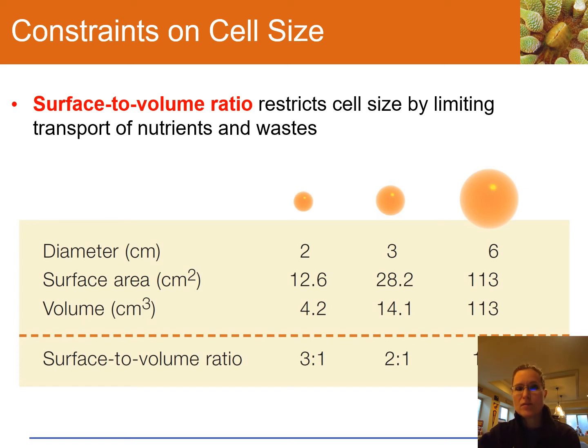The higher it is, so for this example, the 3:1 would be better than the 2:1, and that cell is smaller. Oh no, that would be 6, because look how big that cell is. That 6:1 doesn't even make any sense. Anyway, so smaller is better because of diffusion. And we did the agar cube lab, and again, I'll explain that in a different video.